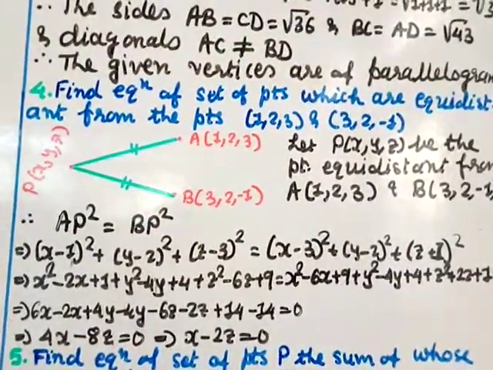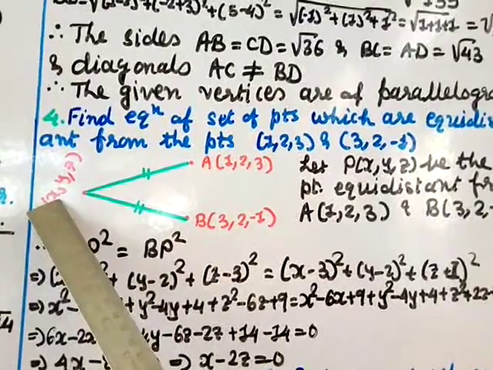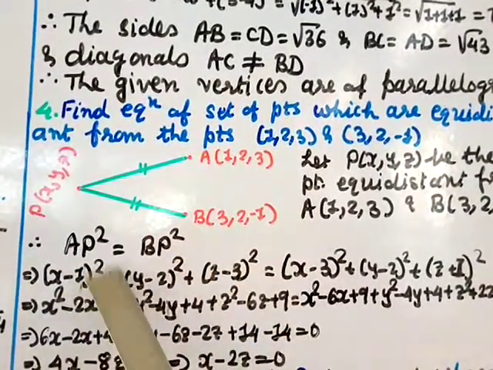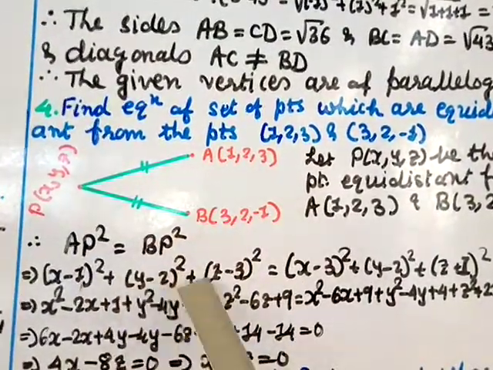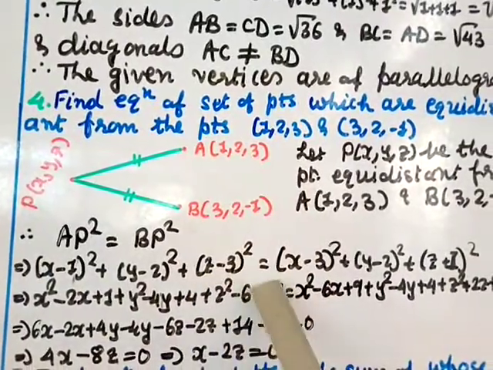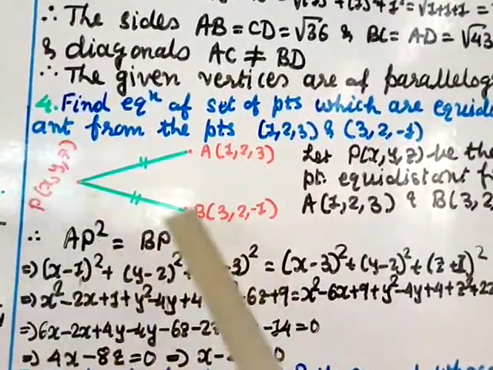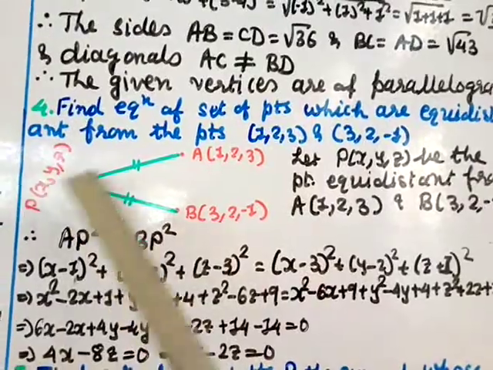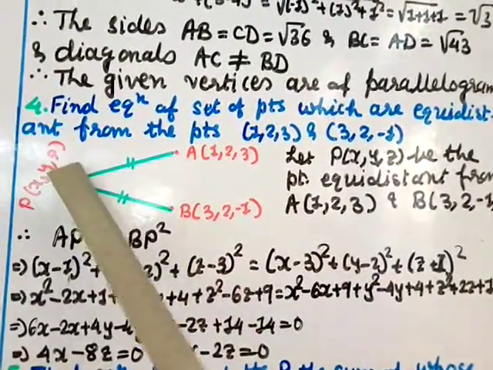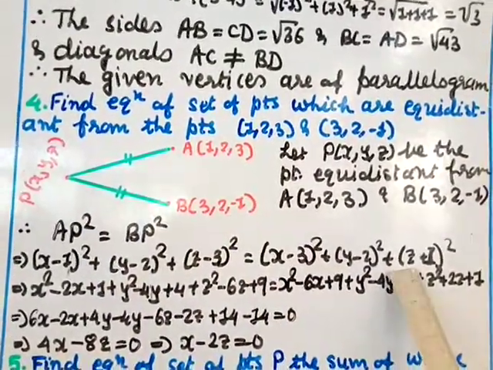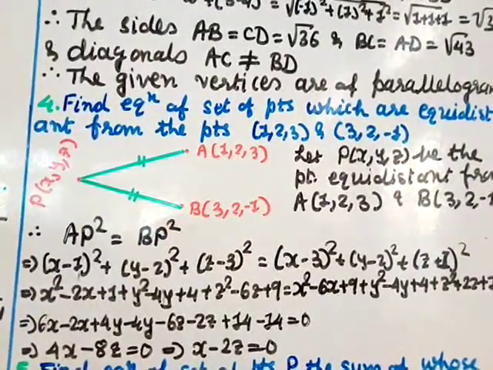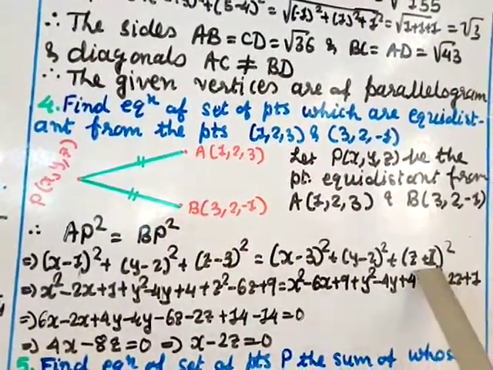Use the distance formula. So AP square means (x minus 1) whole square plus (y minus 2) whole square plus (z minus 3) whole square equals BP square, that is (x minus 3) whole square plus (y minus 2) whole square plus (z plus 1) whole square. Let us expand using (a minus b) whole square and (a plus b) whole square.